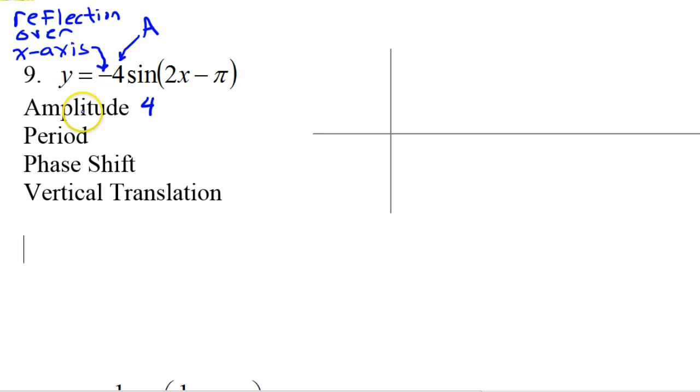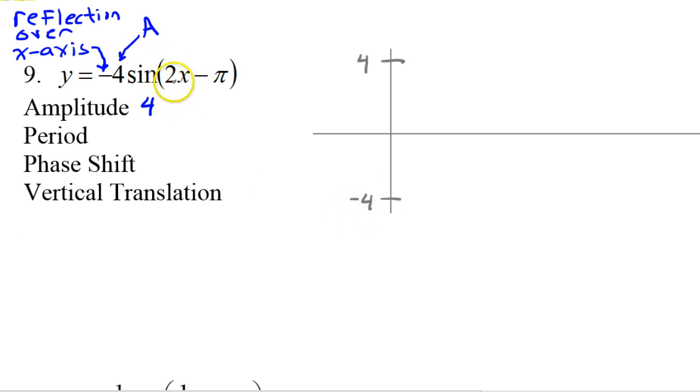So since the amplitude is going to be 4, I know that this is going to go up to 4 and down to -4. So I might as well get that going.